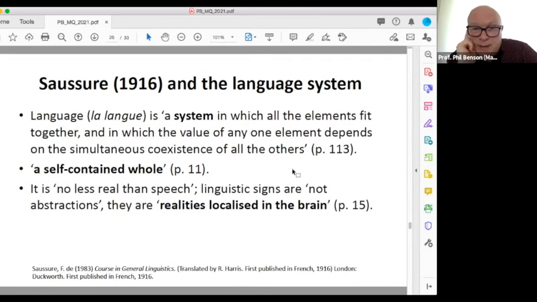So my idea that linguistics represents language as a self-contained system comes really directly from Saussure. And also he argued that la langue, or language, was no less real than speech. Linguistic signs are not abstractions, they are realities localized in the brain.